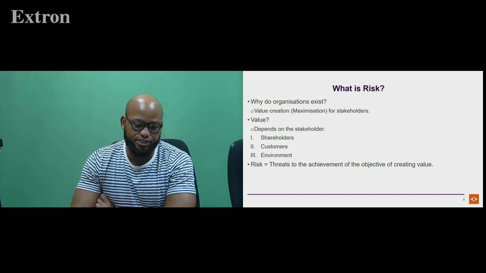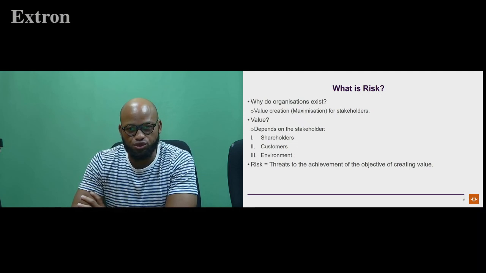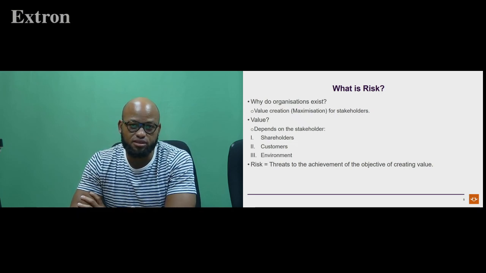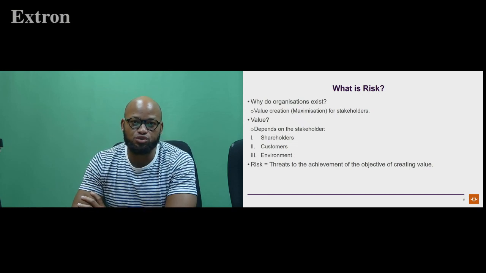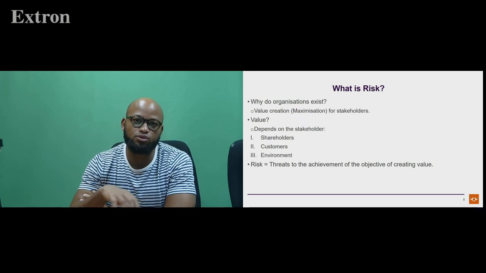What is risk? In order to understand what a risk is, the first thing you need to understand is why organizations exist. You would have learned during your undergraduate studies that organizations exist to create value for their stakeholders. So the reason why an organization exists, whether a business, a for-profit organization or a non-profit organization, because risk management is not confined to for-profit organizations.